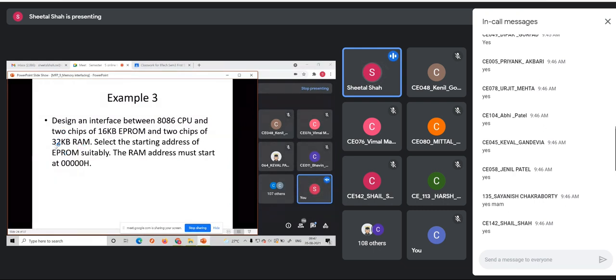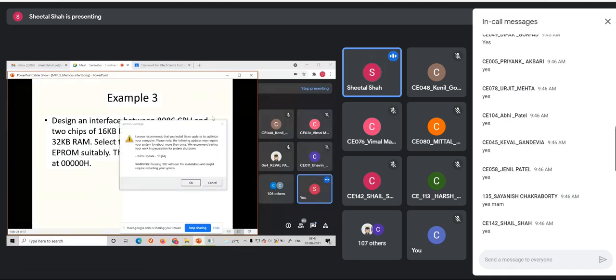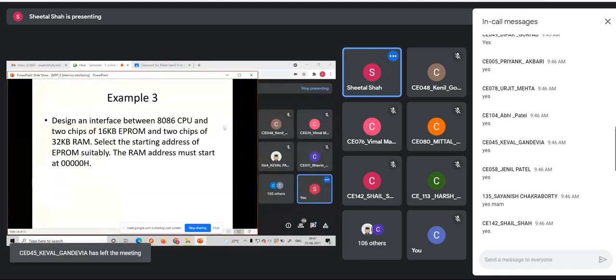Here also we can use one chip as the even bank and the other chip as an odd bank. It is given that we should select the starting address of the EEPROM suitably.